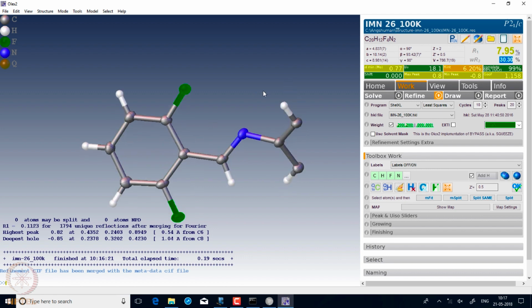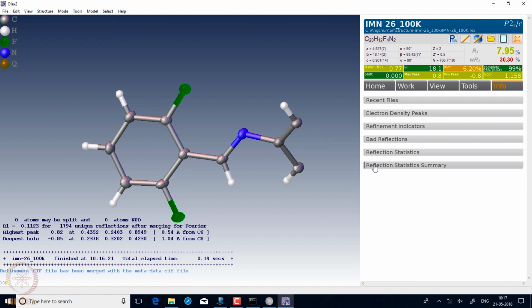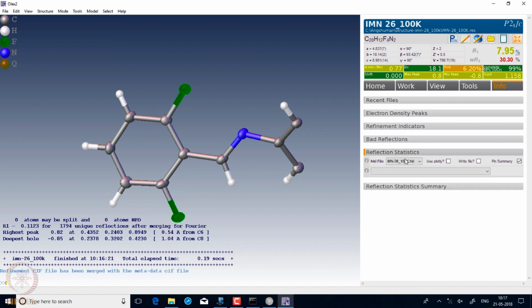So what next? The next point is to look at the reflection statistics, and you can generate the Wilson plot.